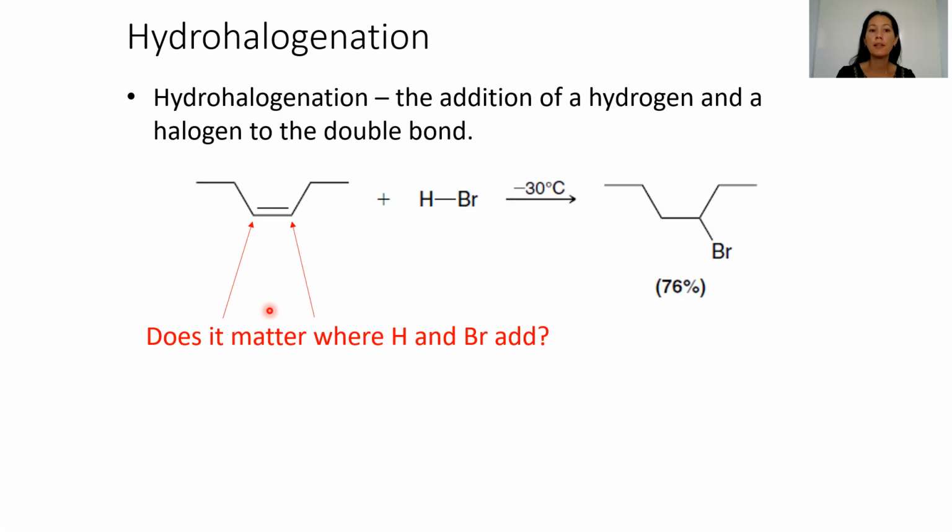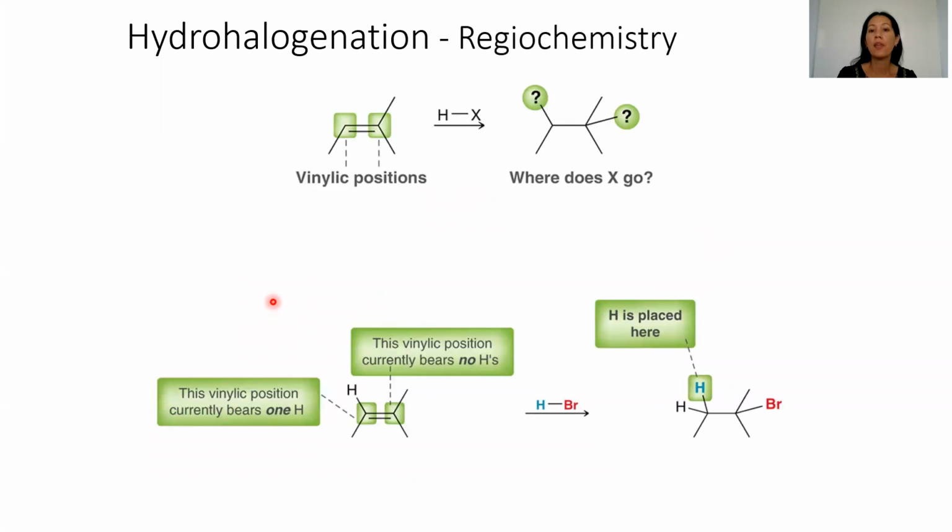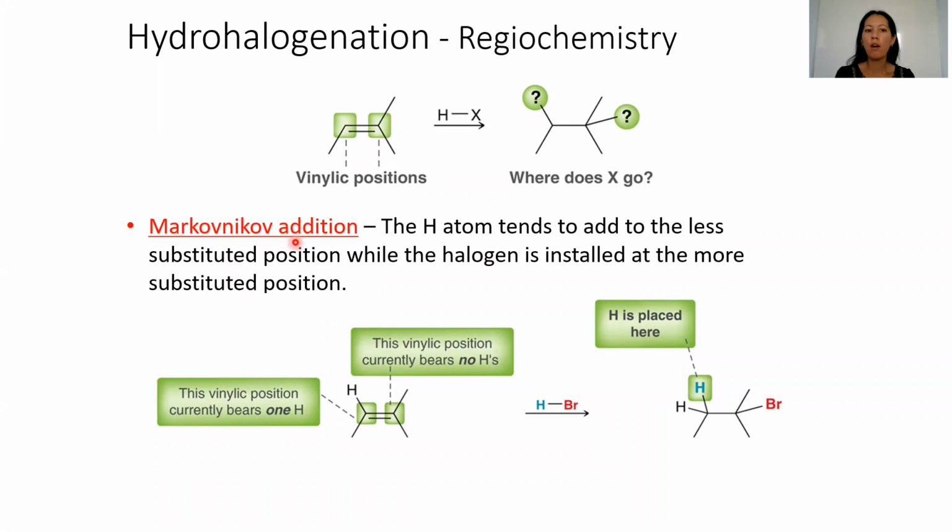And what we're going to find is we add the H to the less substituted carbon. So you have a double bond. We call these vinylic positions because the double bond is a vinyl group here. And so you're going to add the H in a Markovnikov fashion where you add the H to the less substituted position.